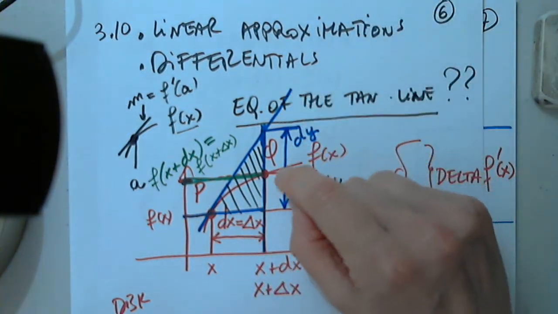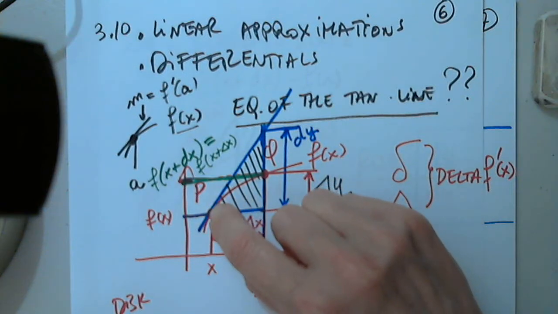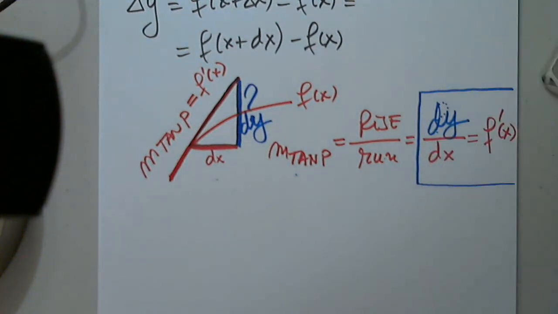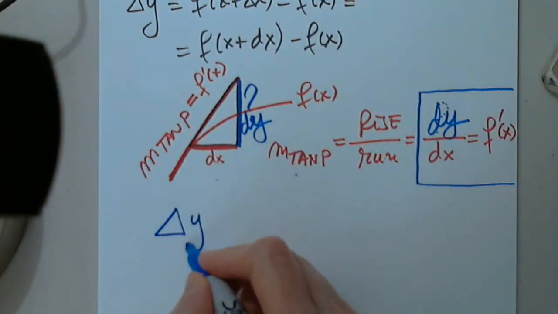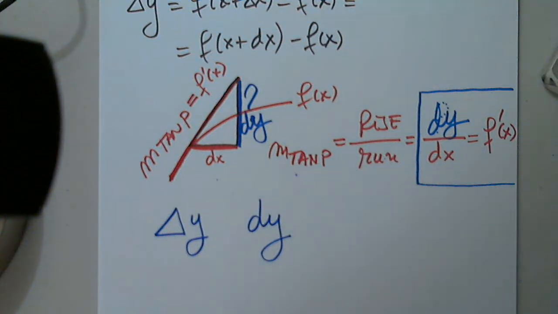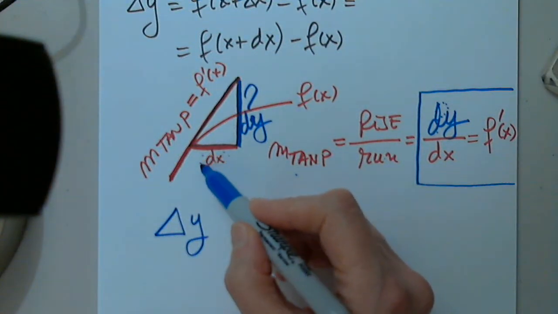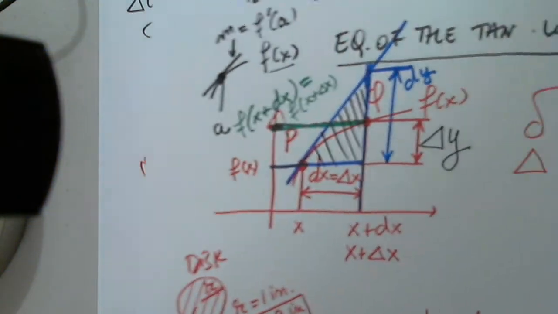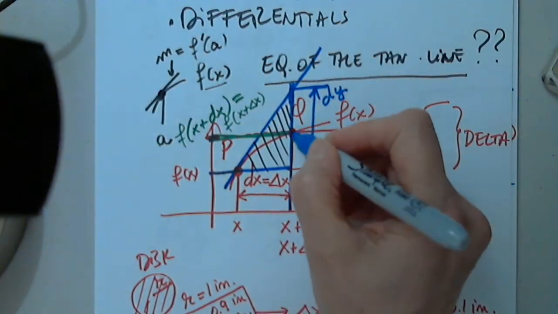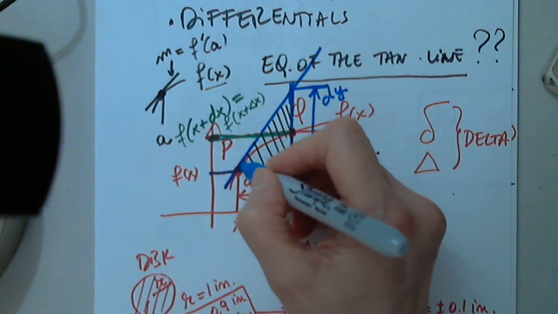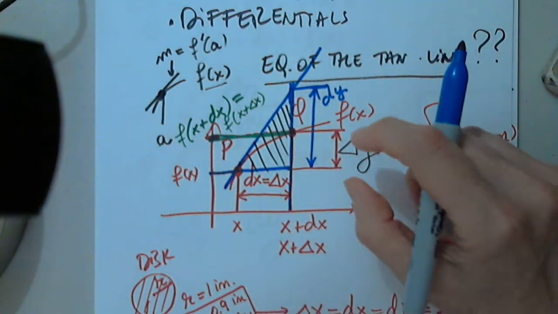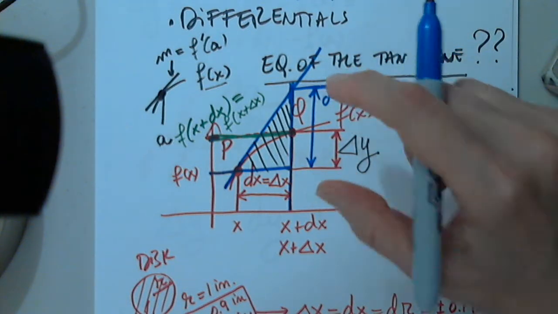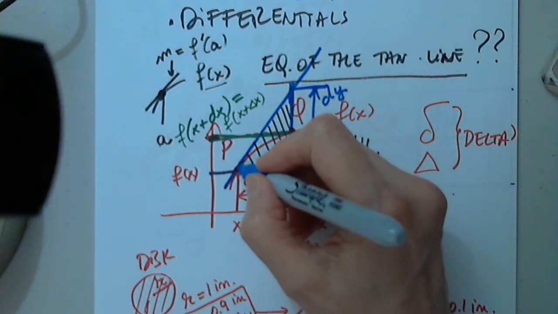But for now, remember Q is extremely close to P. I would like you to give me a relationship between delta y and dy before I even explain what this is and what this is in a minute. Let's look at the graph again and look at Q being very, very close to P. I would like you to give me a relationship between delta y and dy, keeping in mind that Q is here.